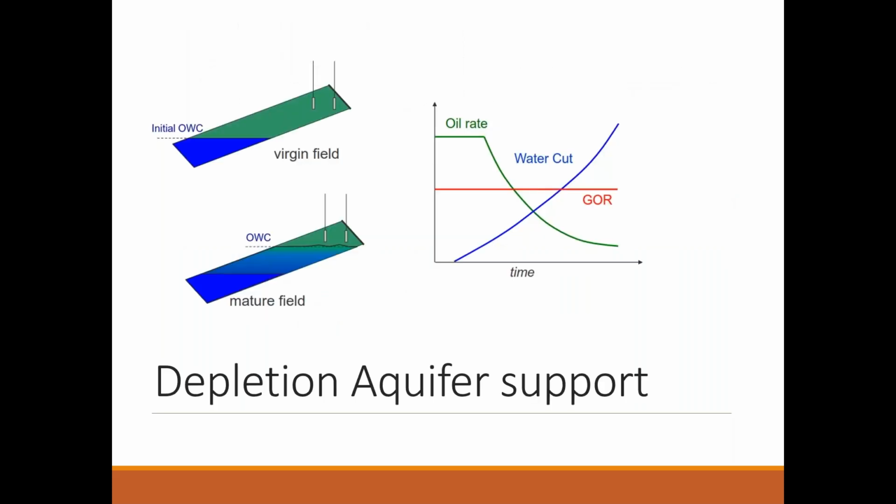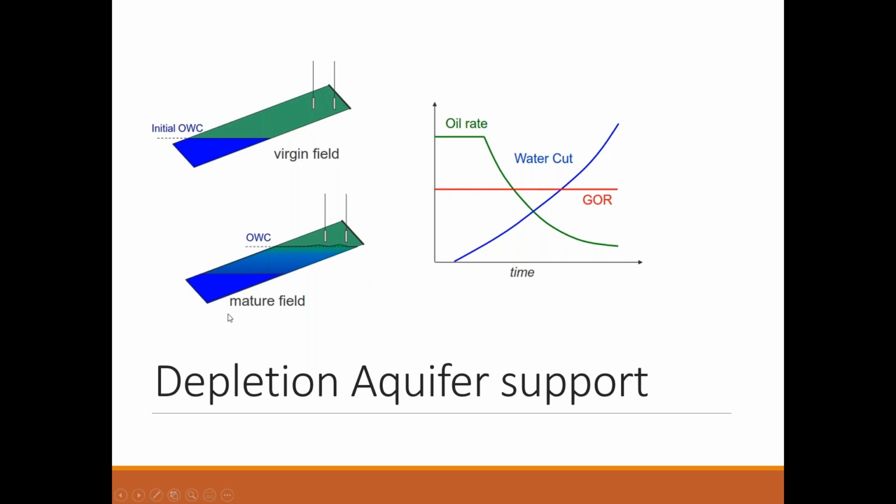Now just look into the future at what might happen if you have a depletion drive reservoir and your water drive is not that strong. In the top figure you can see the initial oil water contact, and the wells have been drilled. There is no production. But after some time you can see the oil water contact has moved up, and in the representation on the right-hand side the oil rate has declined, water cut has gone up, and GOR is basically flat.